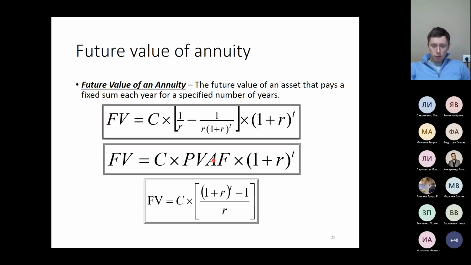This is the same formula, just we substitute the present value of annuity factor with its name, and this formula can be converted, but no, this is the same. It's just the result of mathematical transformation of this formula. Here we have another setting: this formula answers the question, how much money would I have if I would invest regularly C at the interest rate of r for t number of periods.